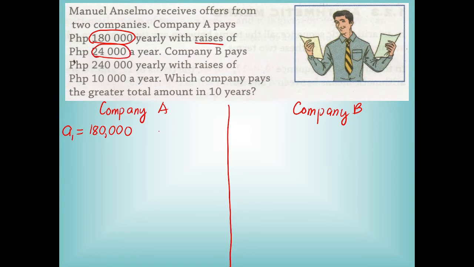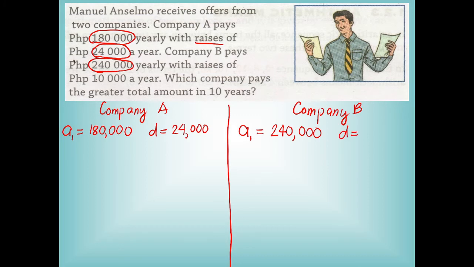The common difference, the increase per year. Ang raise niya, 24,000. Company B, pilay starting salary? 240,000. Pilay increase per year?